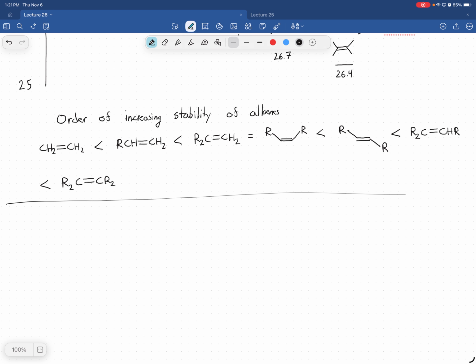All right. Now, what about alkenes and rings? Let's talk about the stability of alkenes in rings. So here's the order of increasing stability of cycloalkenes.